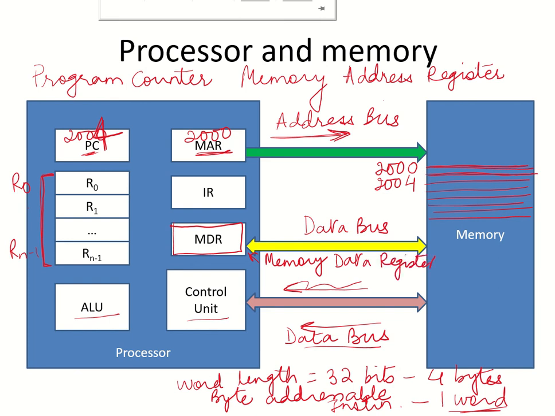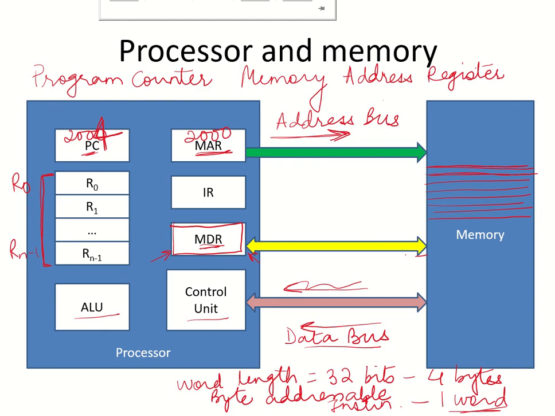If something has been brought from the memory to the processor, it will come into the MDR. If the processor has to send some data to the memory, it will first be sent to the MDR and then to the memory. And this transfer of data always takes place through the data bus.